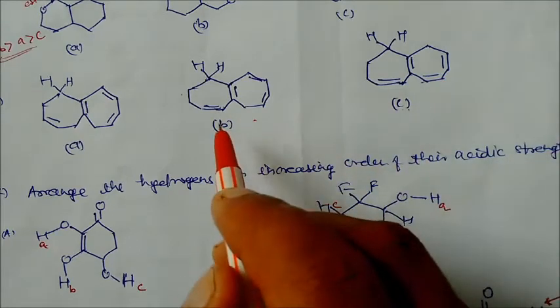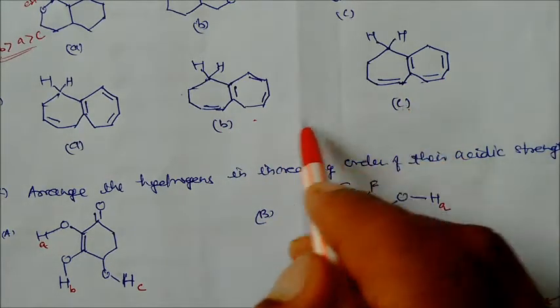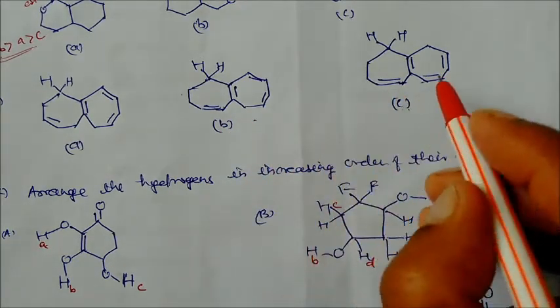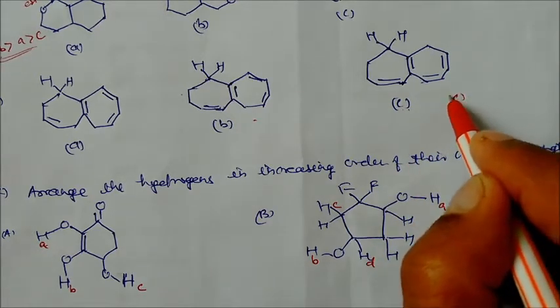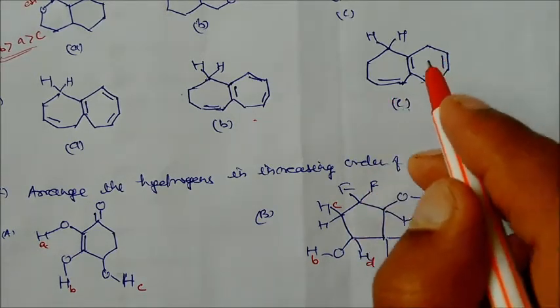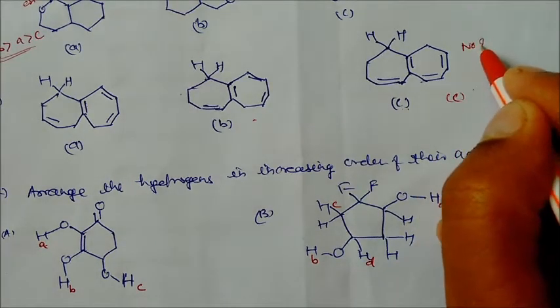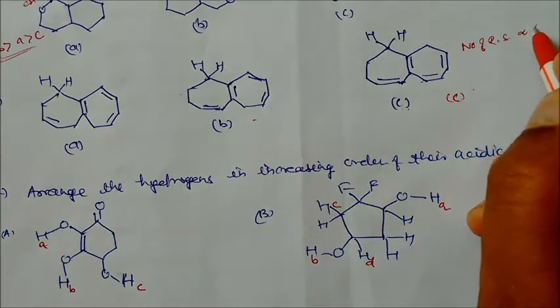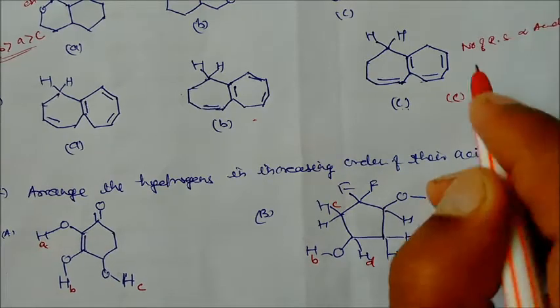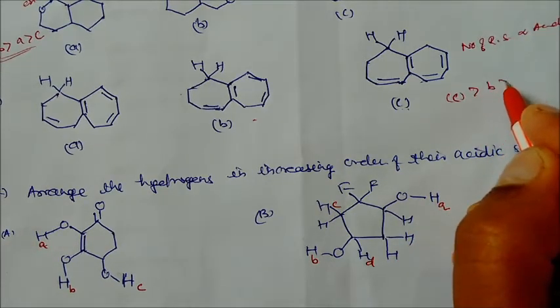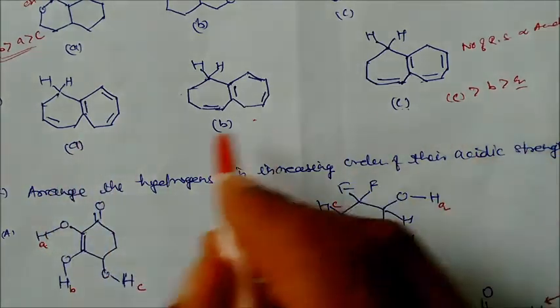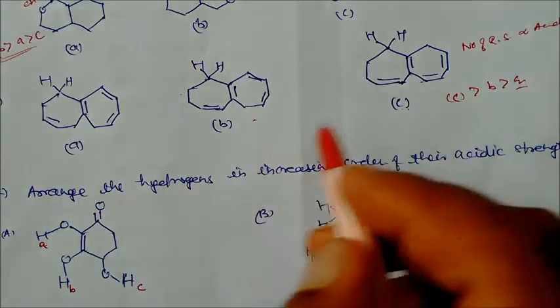Overall, between B and C, if you get the number of resonating structures, C will get more resonating structures. The number of resonating structures is proportional to acidity. So C will be more acidic than B and then A. A has fewer resonating structures. This gives the acidity order.